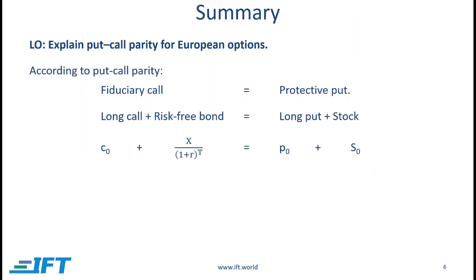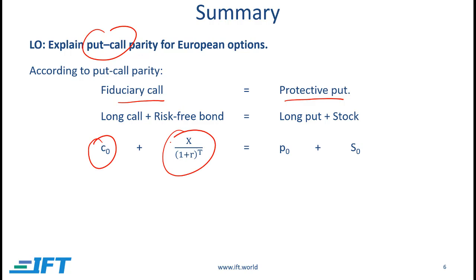Now let's look at a summary for this learning module. We've got the put call parity, which is basically a fiduciary call is equal to a protective put, and a fiduciary call is a call option plus a risk-free bond with a face value equal to the strike price of this call option and of this put option.